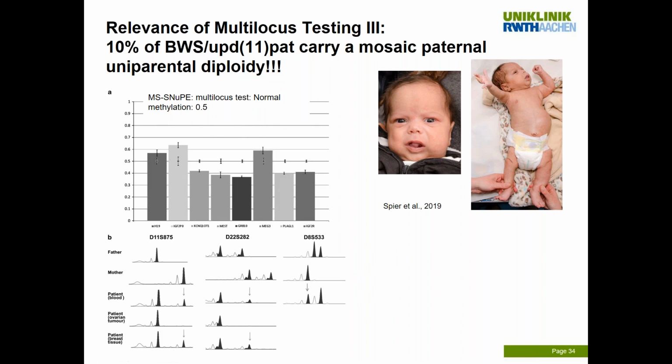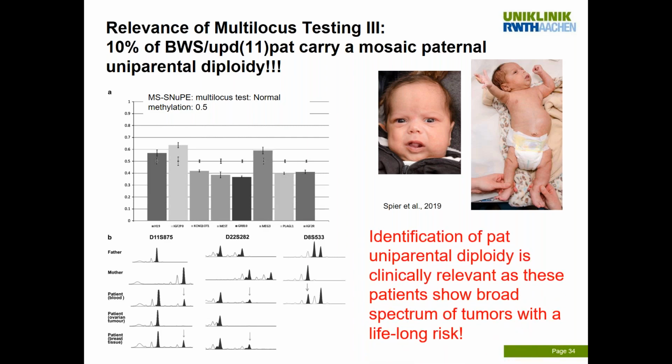These patients have a very increased risk to develop tumors even in adulthood, and they show very severe courses of tumor development, and they often die in early childhood. Therefore, it's very important to identify these patients. In case of UPD11, you always have to perform further tests to exclude genome-wide uniparental disomy.